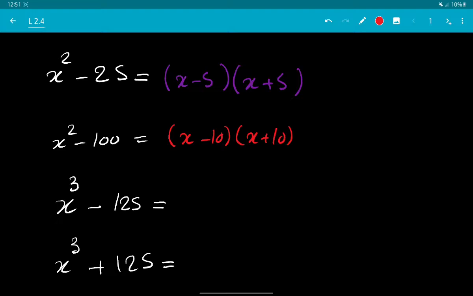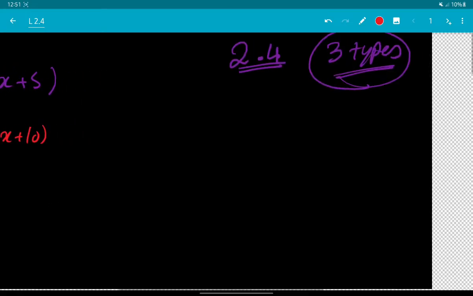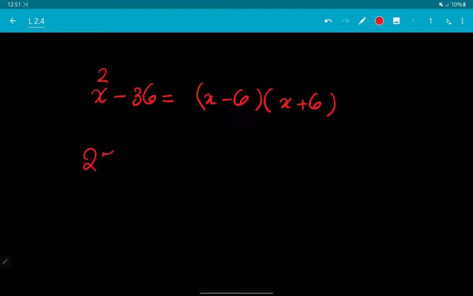We can practice different ideas. For example, x squared minus 36 is x minus 6 and x plus 6. If I added something to the first term, for example 25x squared minus 36, how to factorize this?